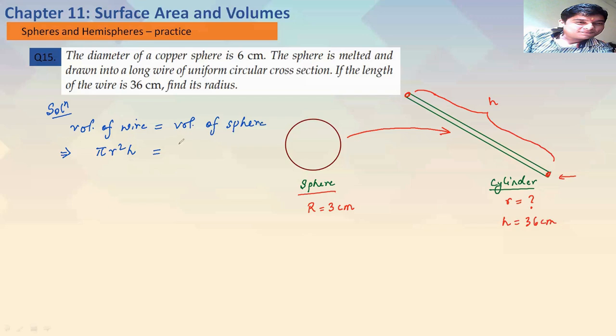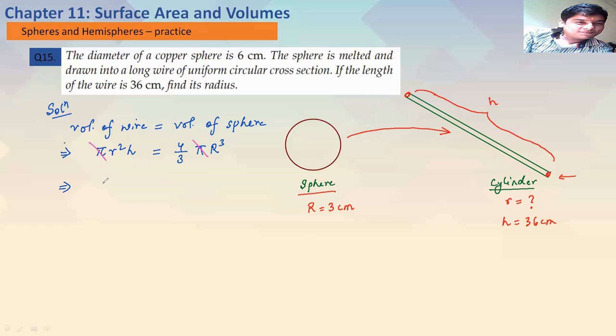And volume of a sphere is 4/3 pi R cubed. I'm using capital R for radius of sphere, small r for radius of cylinder, okay? Can we cancel out pi's? Pi appears here, pi appears here. Can be cancelled out, right? So let's move on with this.